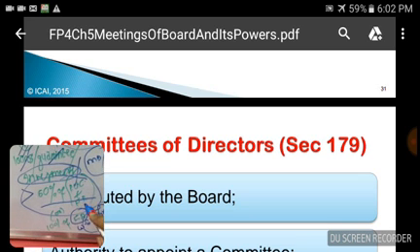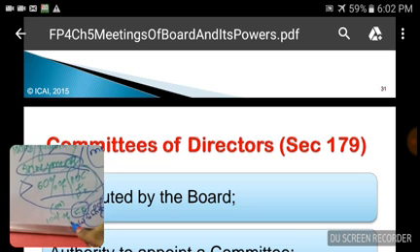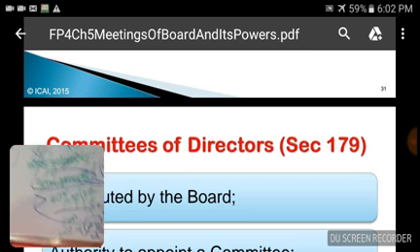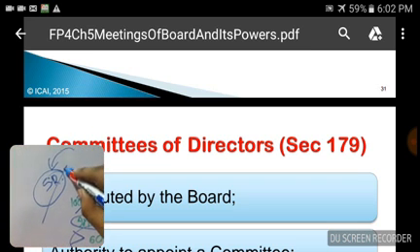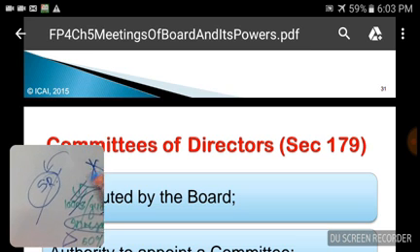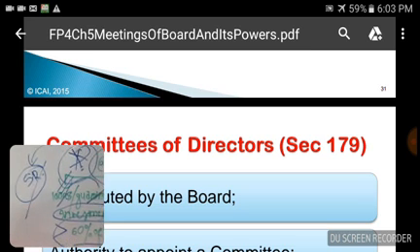So that decision can't be taken by the board: selling, leasing or otherwise disposing of one or more undertakings of the company. This is one of the exceptions.